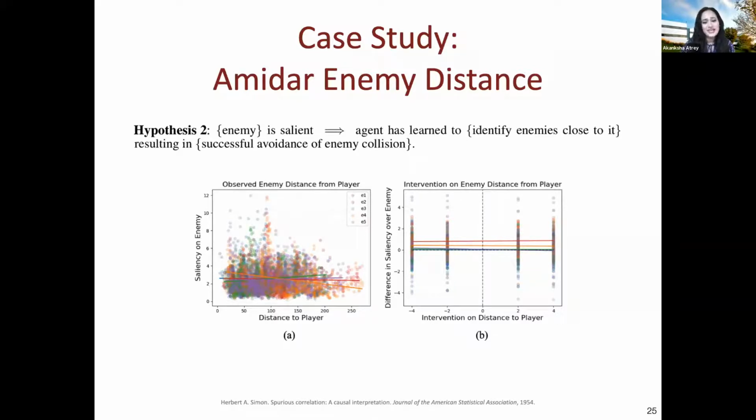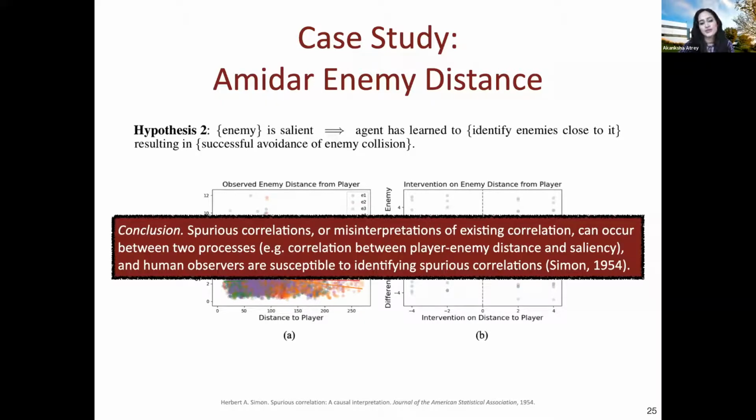So from this, we can conclude that experimental evaluation is necessary to avoid spurious correlation. In other words, spurious correlation can occur very easily between two processes, in this case the player-enemy distance and saliency. And there has been a lot of work in psychology suggesting that human observers are susceptible to identifying spurious correlations. So again, the key point is that it's very important to test your hypotheses.